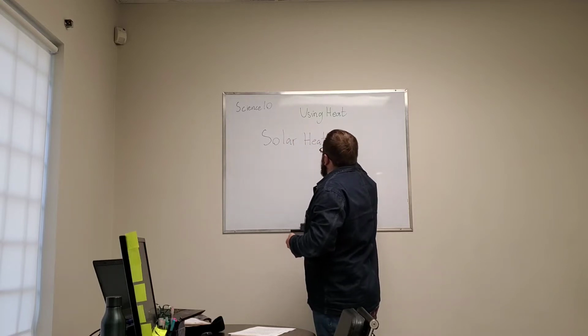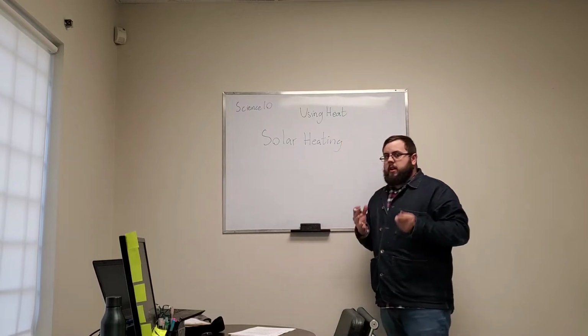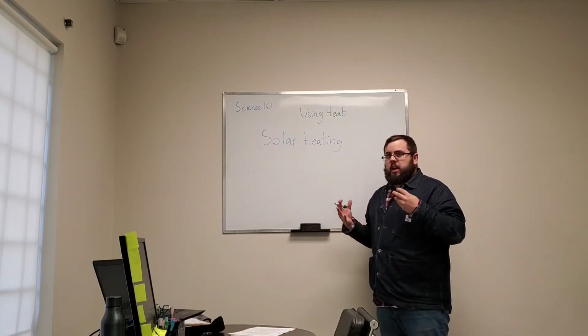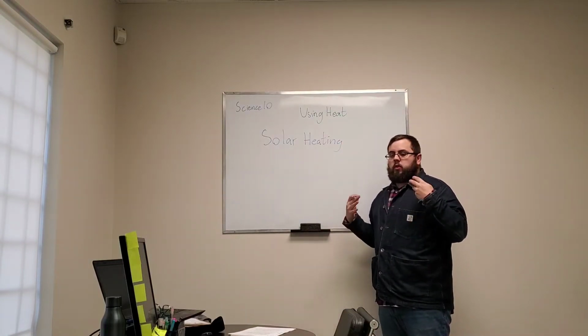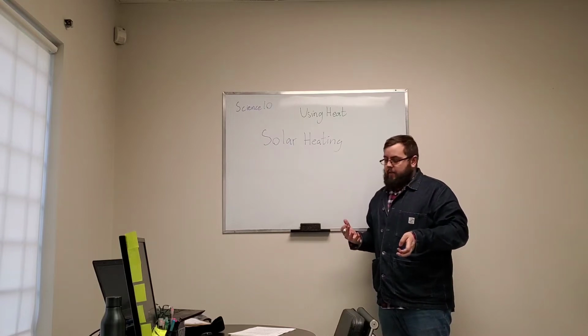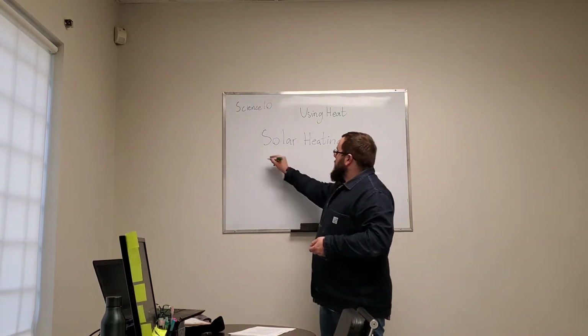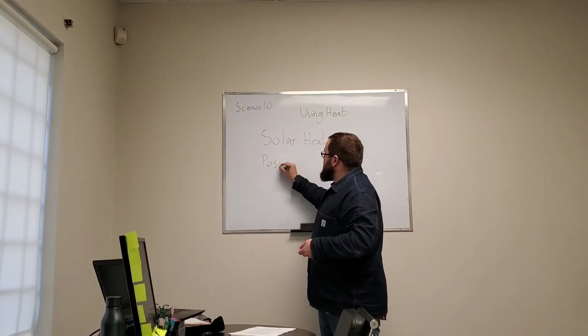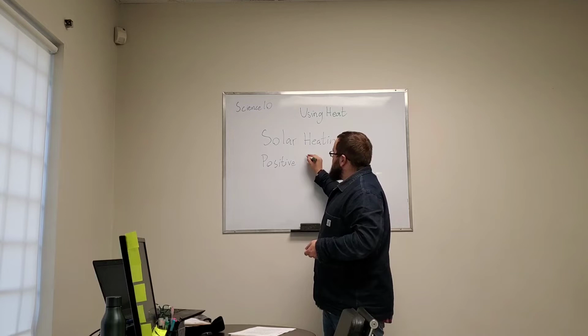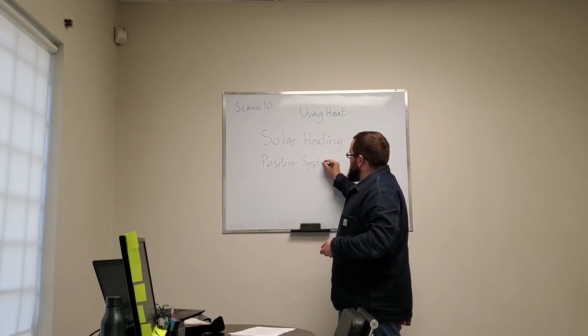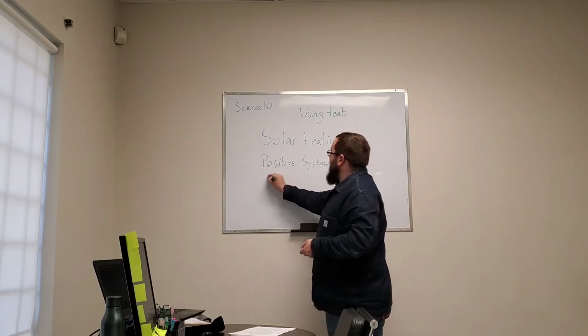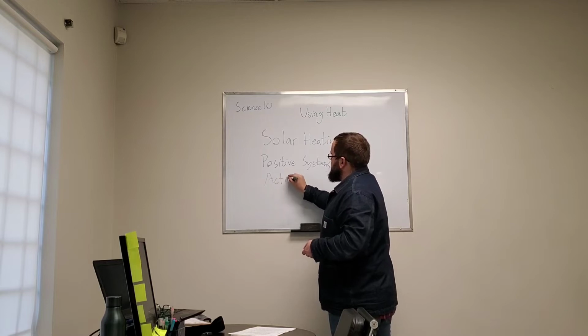The only realistic way to generate radiation thermal energy in a useful and high enough amount of energy is through the sun. And so we can do this through either passive systems or through active systems.